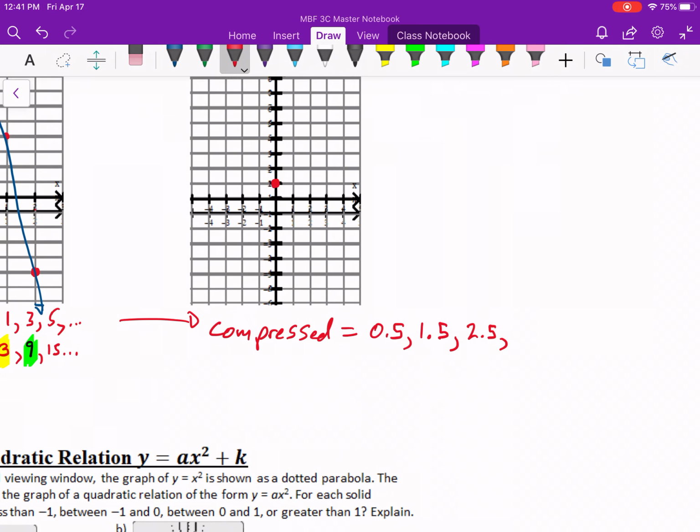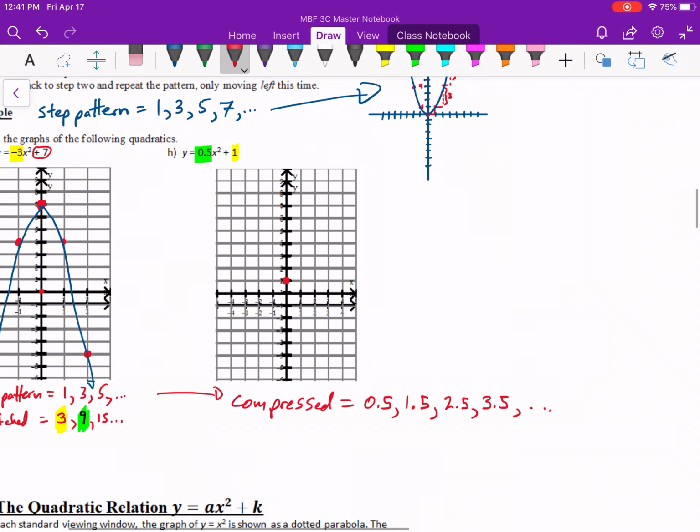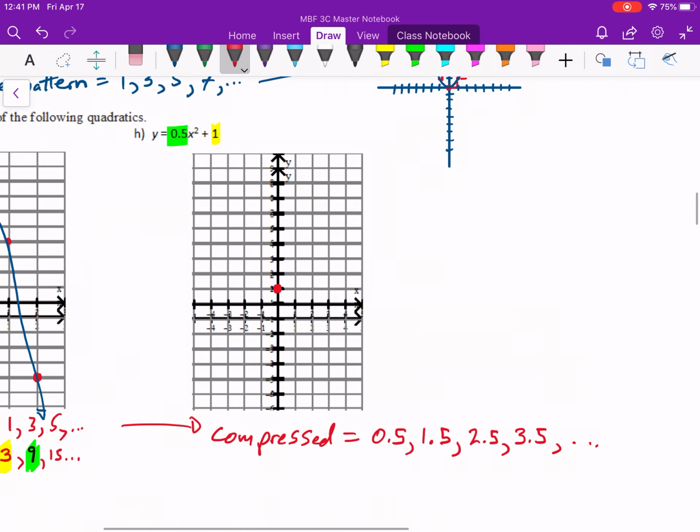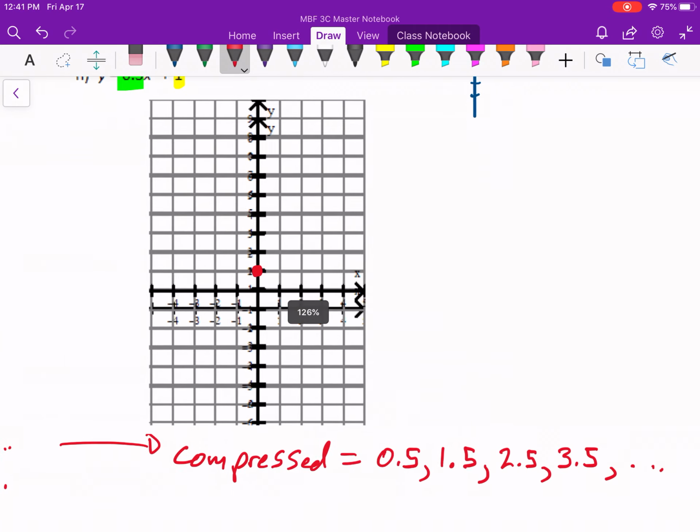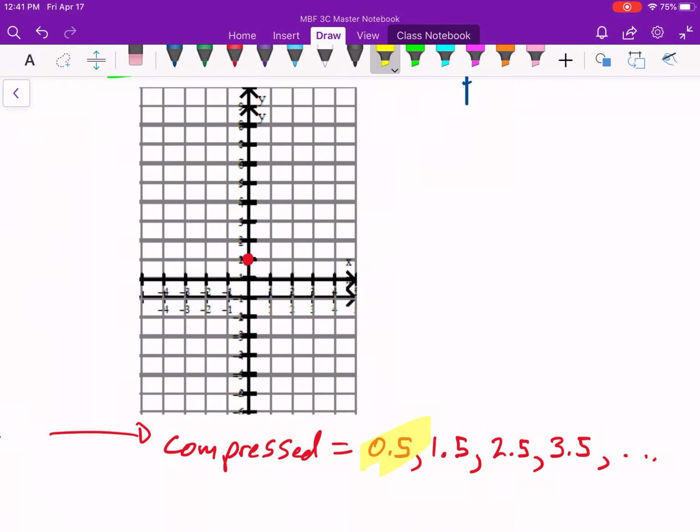So I might be able to get more points on this one, possibly, because it's compressed. We'll see. So anyway, I'll start at my vertex. It's opening up because the a value is positive. I'm going to go over 1 because I always go over by 1. And my first step is up by a half. So over 1 up by a half only takes me in between these two lines.